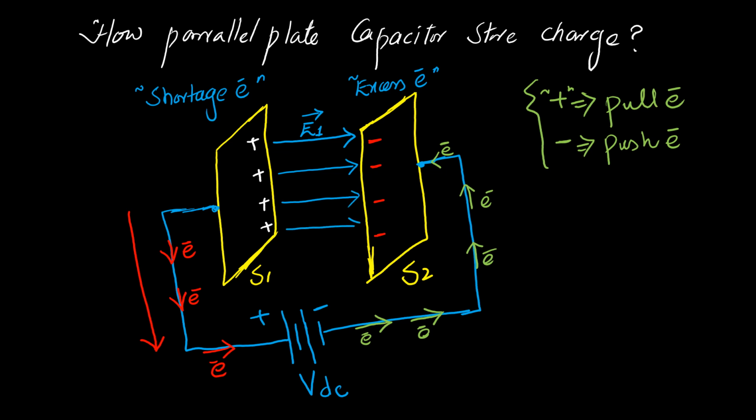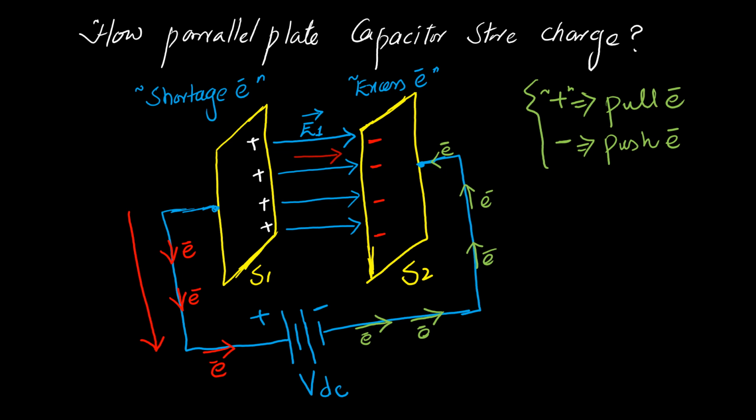Now there will be another electric field, and that electric field will be generated by a negative charge. Since the direction of electric field lines is toward the negative charge, the negative charge will have electric field lines toward it, like this.